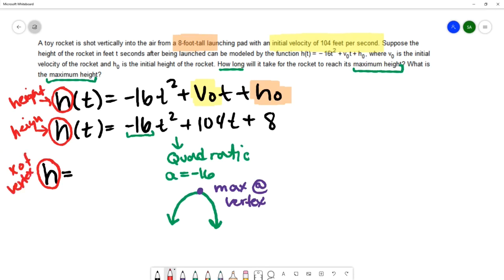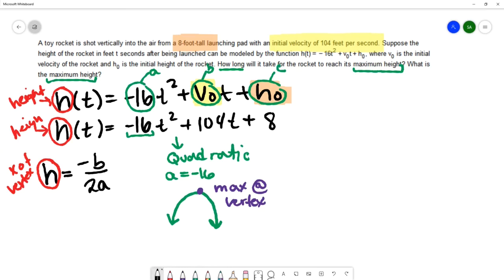Okay, so just wanted to label that so there was no confusion later. So the formula, the vertex formula, is negative b over 2a. a is the coefficient of the squared term, b is the coefficient of the linear term, and c is the constant.